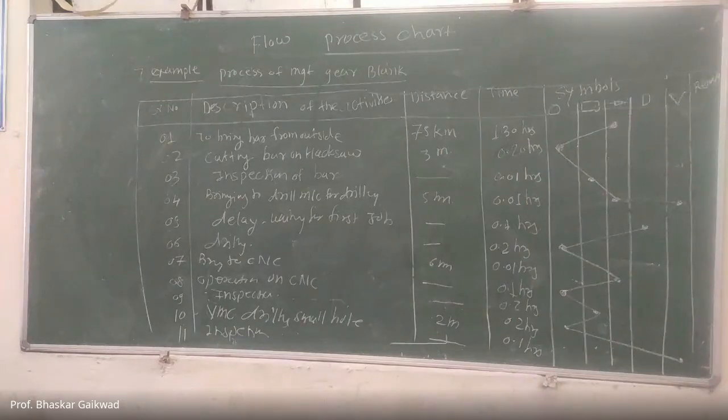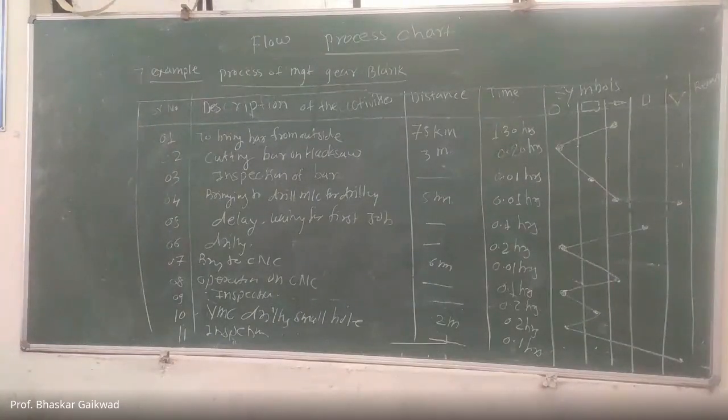After this, for the same job, if we purchase the raw materials and start our production, how will the flow process chart look? It looks like this, which we have shown on the blackboard. In which way the material will flow from the transportation station to the last part, that is the finished part.